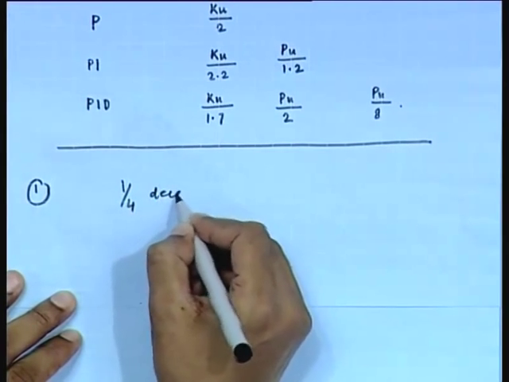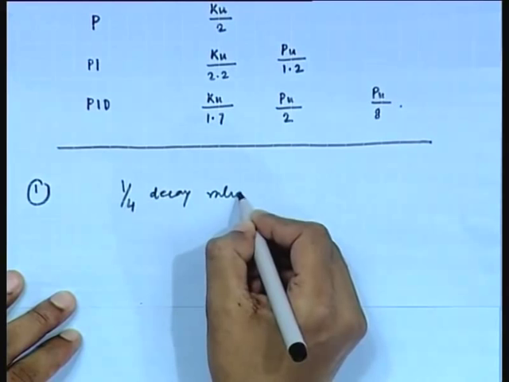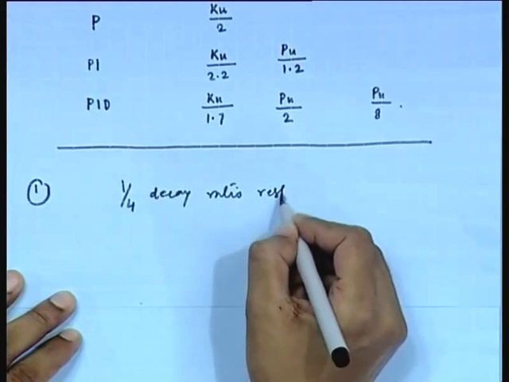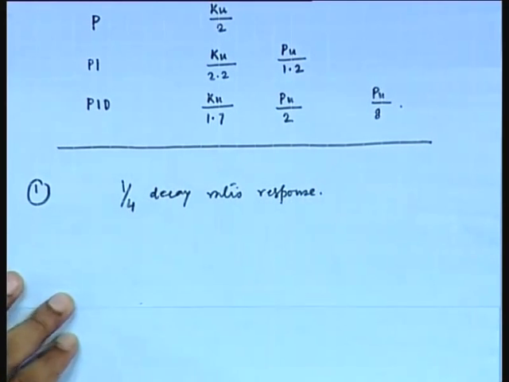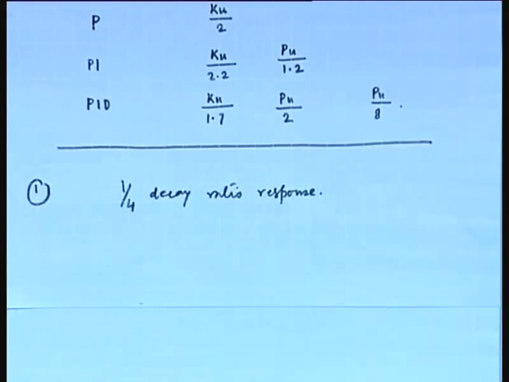These correlations have been determined to provide 1/4 decay ratio response. I mean, the decay ratio should be 1/4.